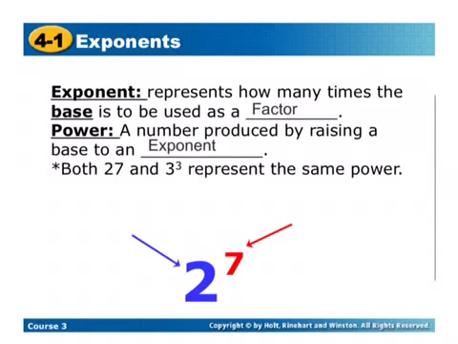So in our example on the bottom, the 2 is our base, and then the 7 would be our exponent. And then this whole thing would be considered our power.